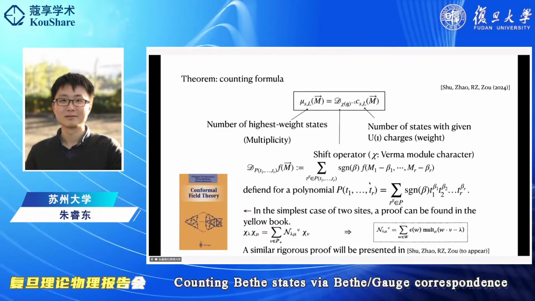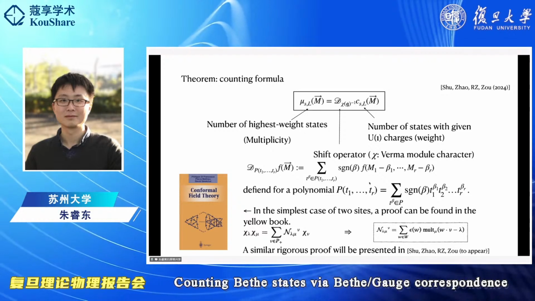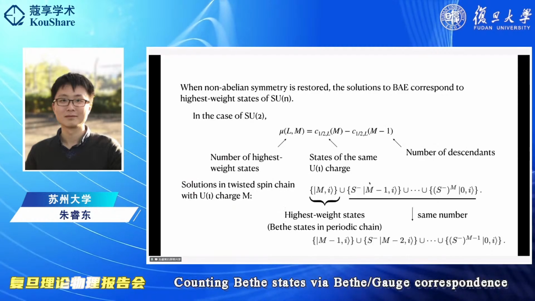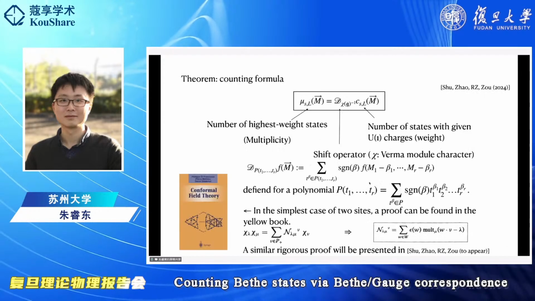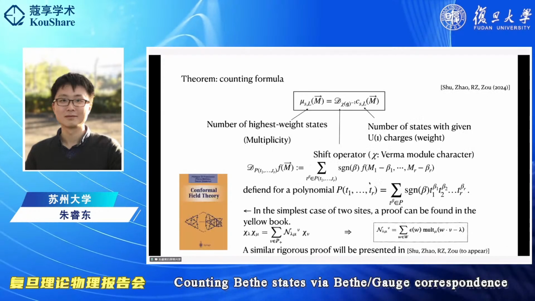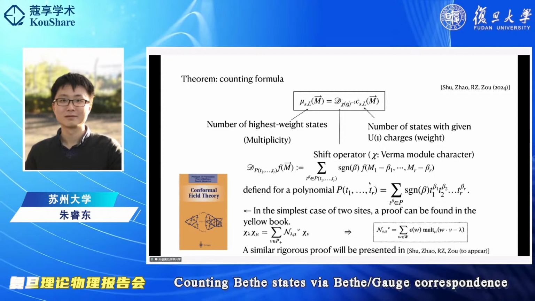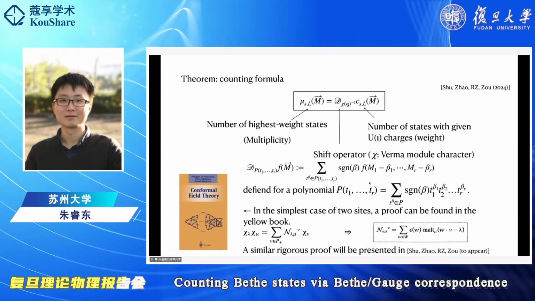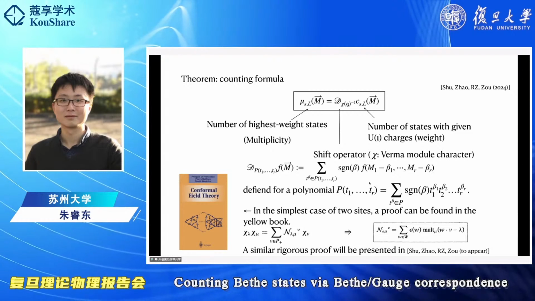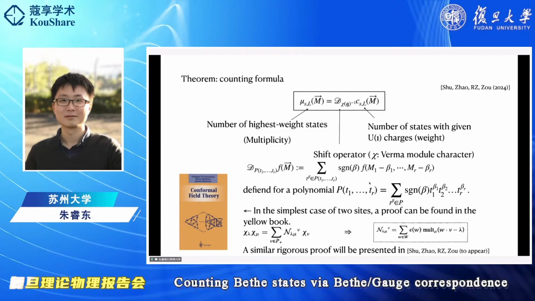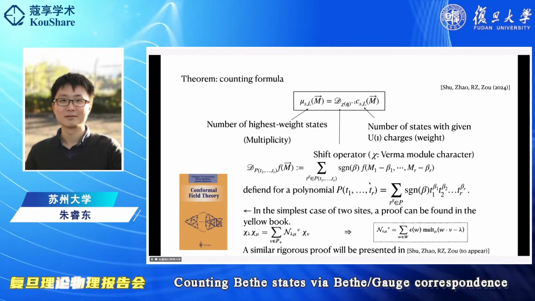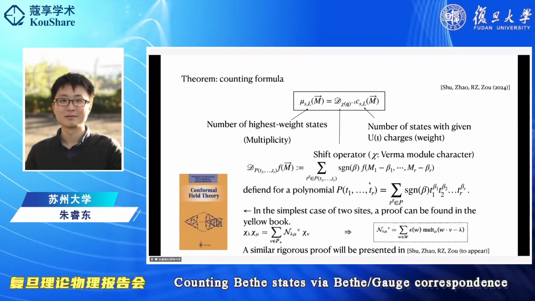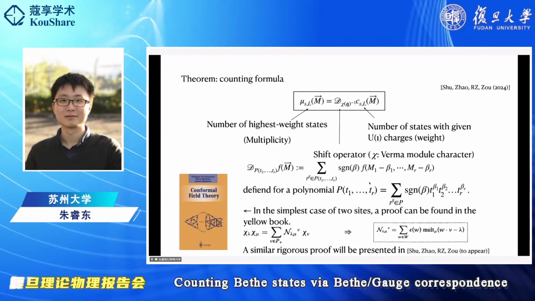I don't want to give you the details, but this tells you how to remove these descendant states in this calculation. And if you just consider a simple case with two sites, a proof can be found in that CFT book. It's very simple, but we are considering the tensor product of an arbitrary number of sites.